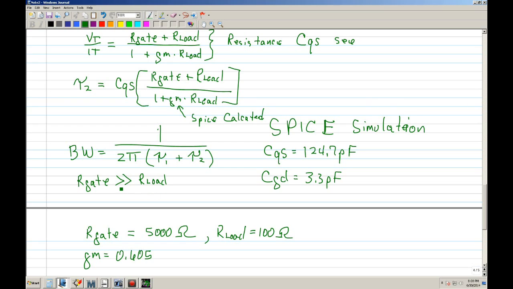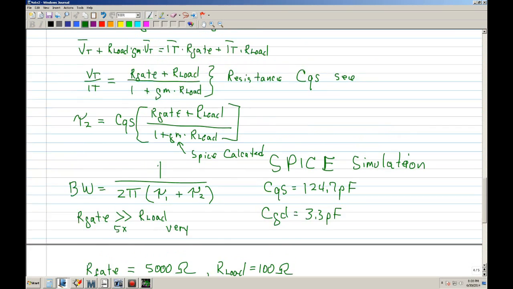And when I say greater than, typically if your gate is 5 times or greater, then the simulation results are very good. They match up very well. If these are equal, then the open time constant doesn't work as well. You get errors in it.